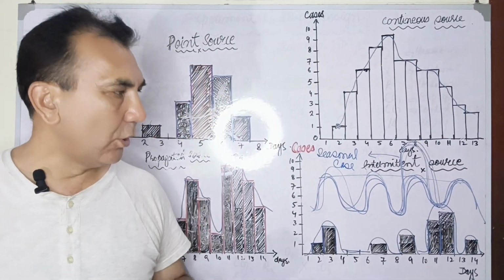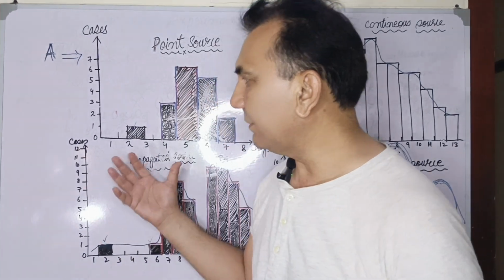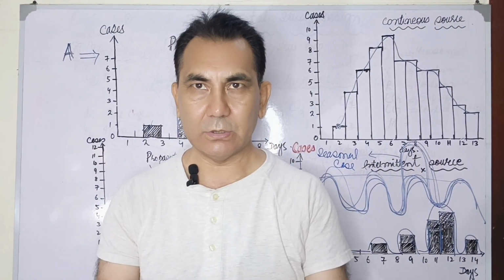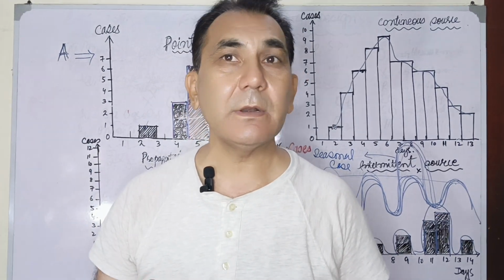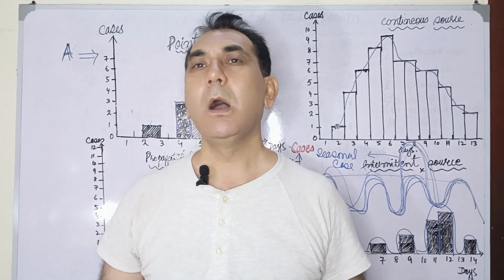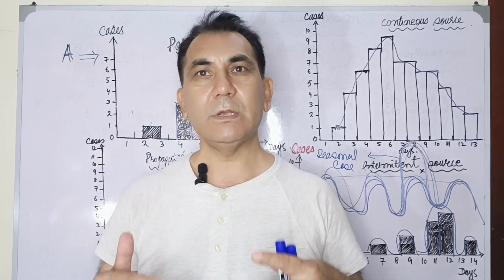So I hope in the two-day lectures we covered the epidemic curve. What is the epidemic curve? The epidemic curve is a graphical representation, a histogram, of the increased number of cases over a period of time.